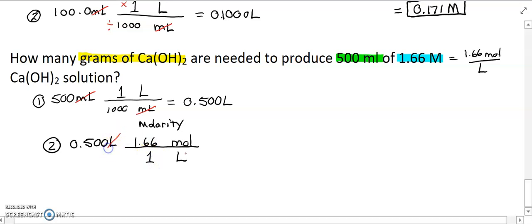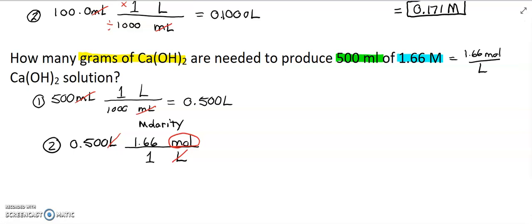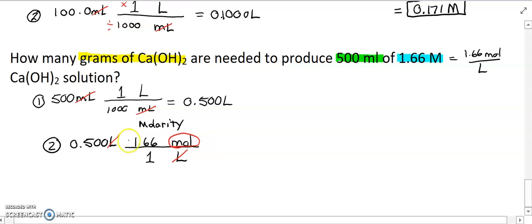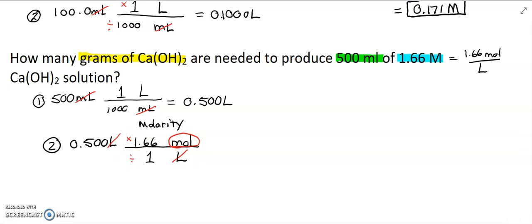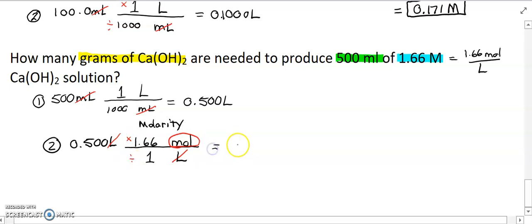And I'm going to cancel out the liters, and that's going to leave me with moles, which is not what my question is asking me for, but it's a step closer. So when I punch these numbers into my calculator, I am going to multiply the top, divide by the bottom, and I'm going to end up with 0.83 moles.